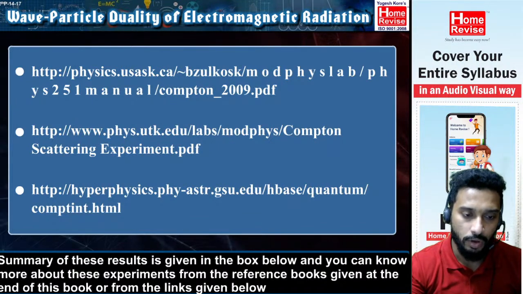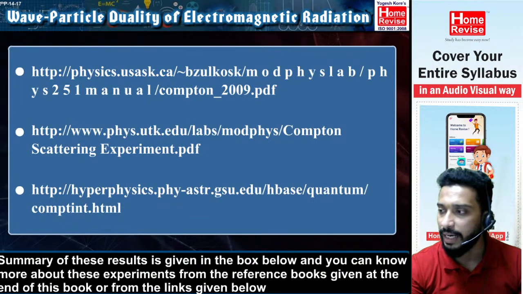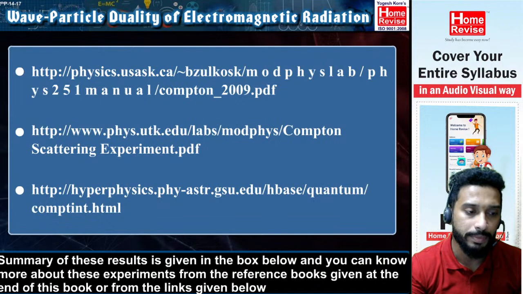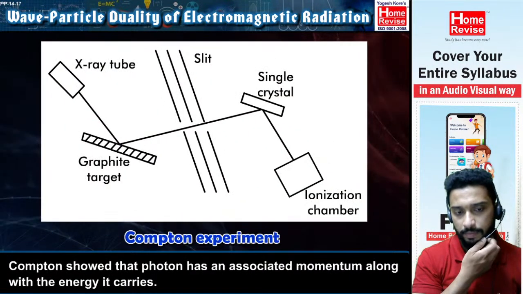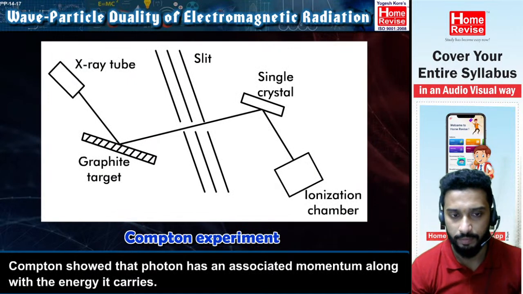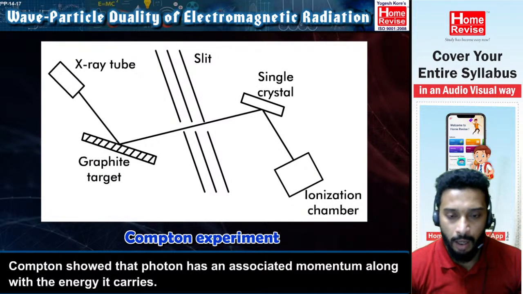ओके. So Compton effect अपने को बस particle nature of light, and it was scientist Compton in 1924 who helped us understand the particle nature by doing some experiments. Compton showed that photon has an associated momentum along with the energy it carries.